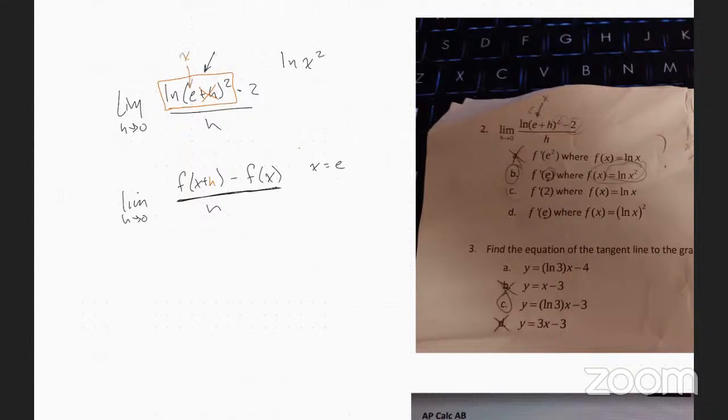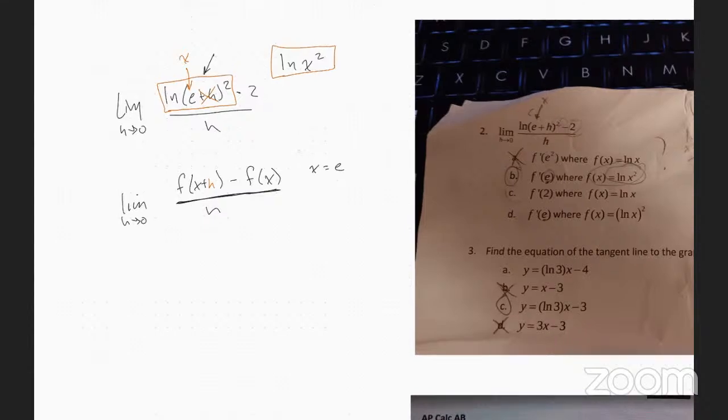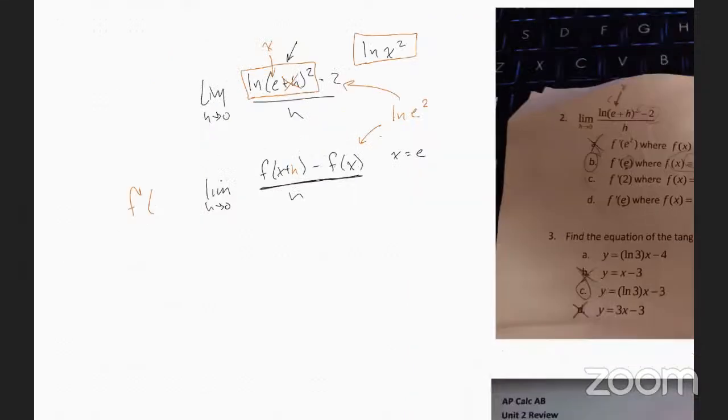When you plug in e right here, what's ln of e squared equal to? 2. So that's the formula. This whole thing is f prime of x, the derivative of the f of x function up there.